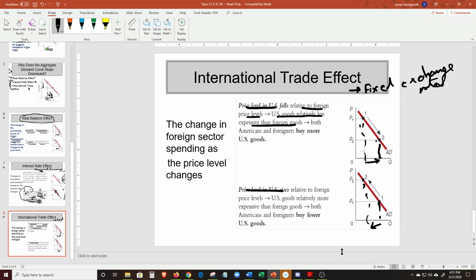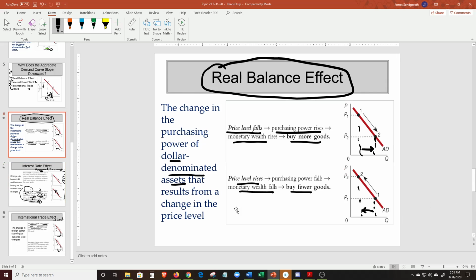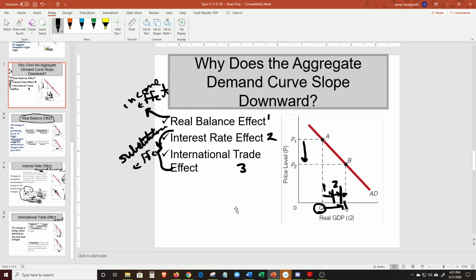And basically, I think we've reached the end of the road in trying to explain why the aggregate demand curve slopes downward and to the right. The real balance effect, the interest rate effect, and the international trade effect are arguments to try to convince us to believe that this aggregate demand curve slopes downward and to the right. All right? Well, see you at topic number 22.